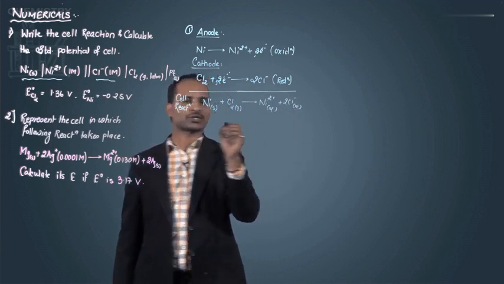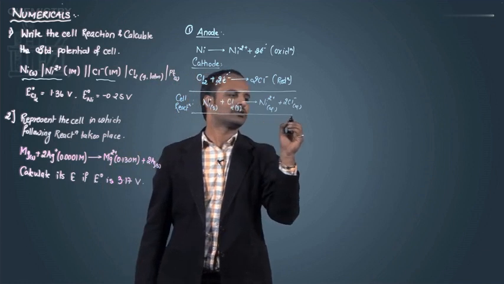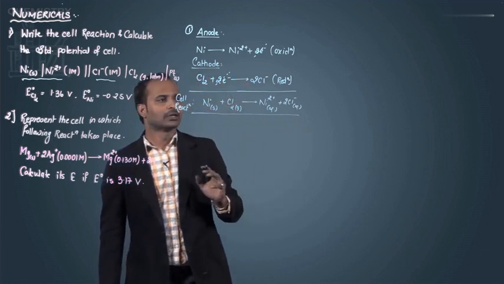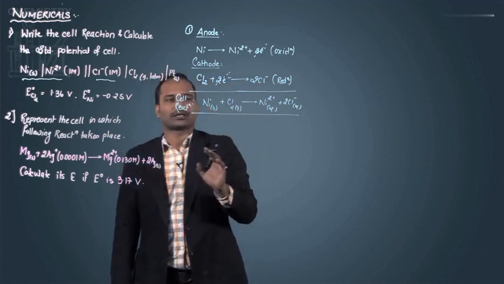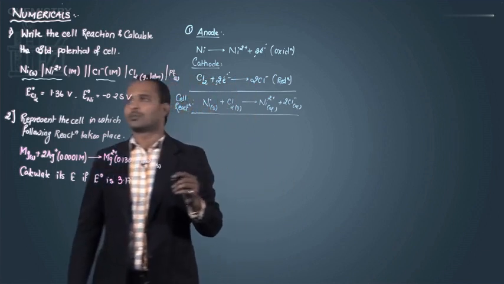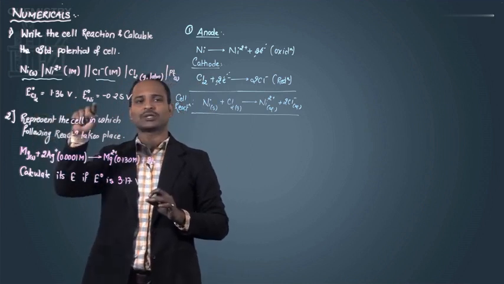You write the states in the cell reaction because in the Nernst equation we only consider the concentration of ions and gases, so at that time the state is a must. But here we are not going to use the Nernst equation, because we have to calculate the standard potential.